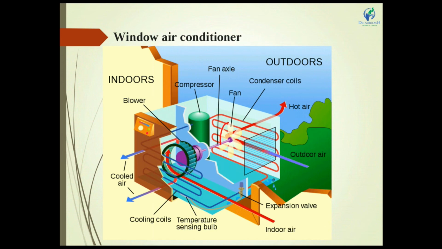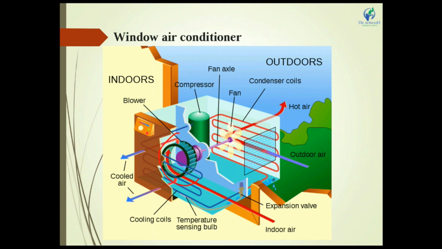There are two fans, fan one and fan two. This fan is used to reject heat to the atmosphere. Its main function is to forcefully generate air flow and cool the condenser coil, rejecting heat to atmospheric conditions.